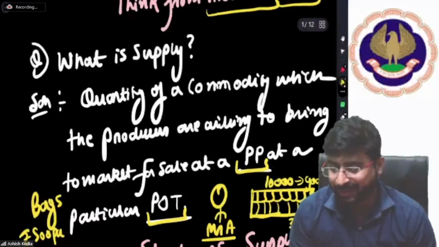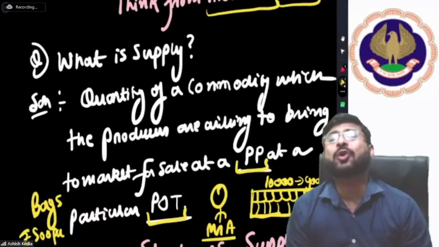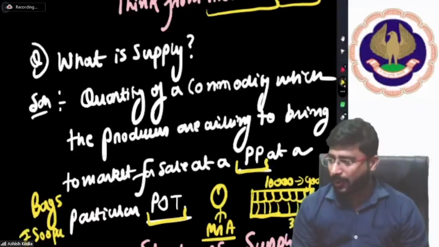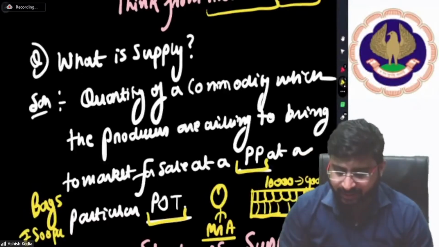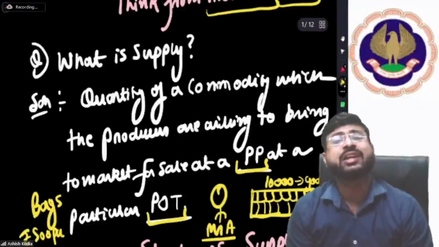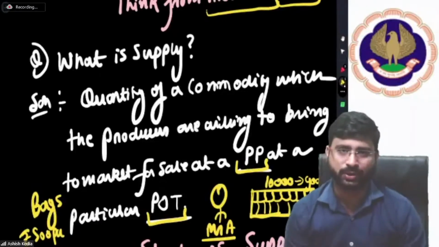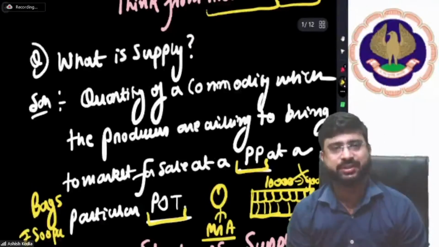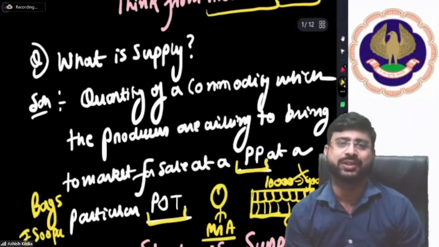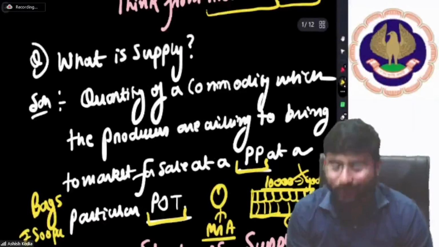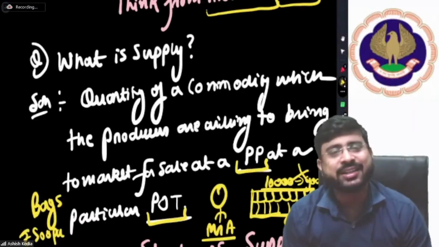So my dear friends, remember, what the producer is ready to bring to the market for sale is supply, not what they have in their godown. So supply is 3,000 units, not 10,000 units, because in the godown you have 10,000 units, but the supply you are ready to bring to the market for sale is 3,000 units.